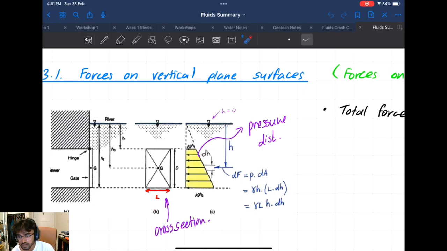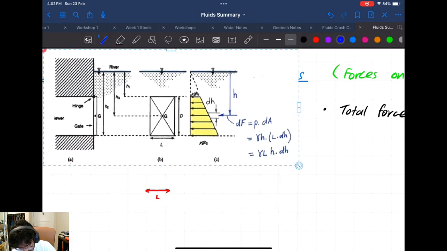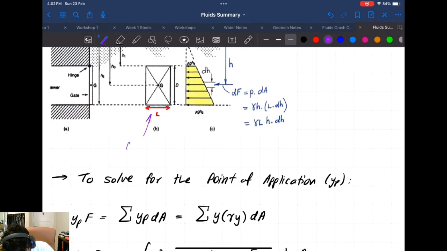This is a better, more actual way that you guys will see in an exam. So there's 3 things they give to you. They give you the side view of the gate, right, with the water table at the top. Then they give you a cross section, and then they give you a pressure distribution.